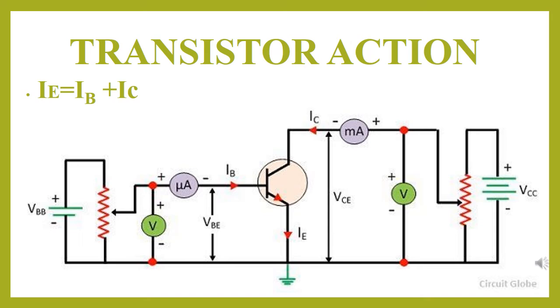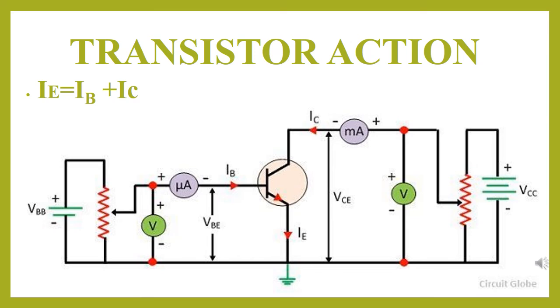What we have to study here is, if we change the potential VBE, what is the change in the base current IB? If we make this study, it is known as the forward characteristics of the transistor, and the graph between VBE and IB is known as the transistor input characteristics.